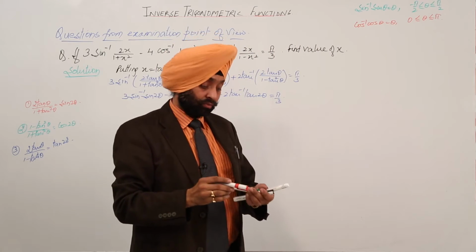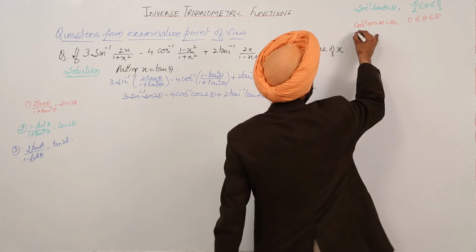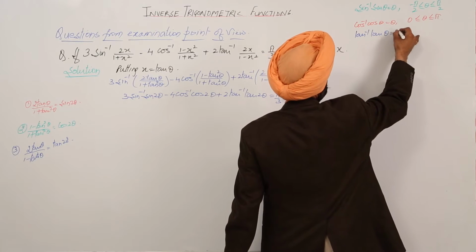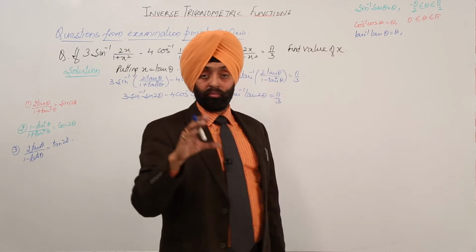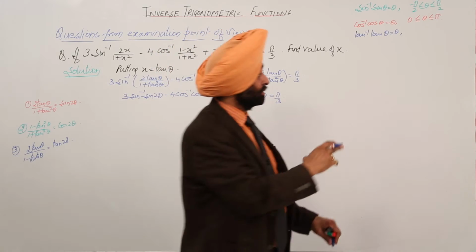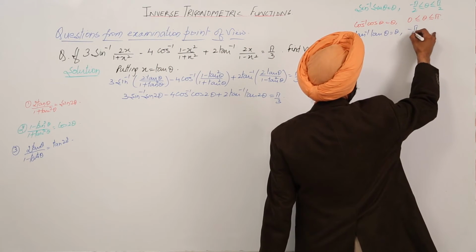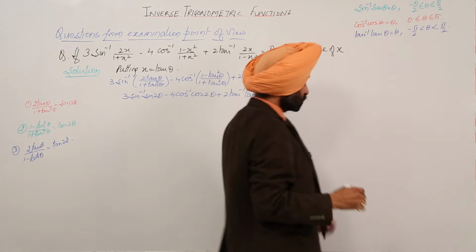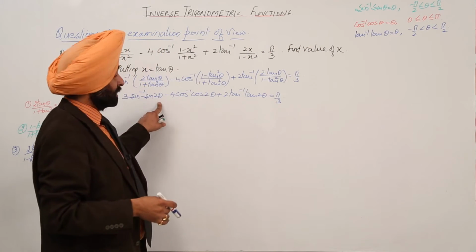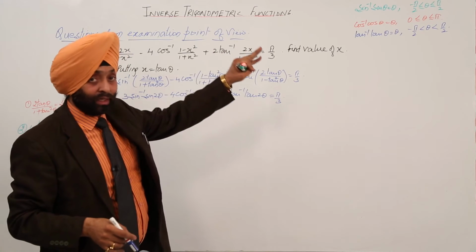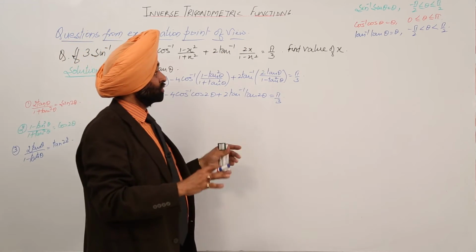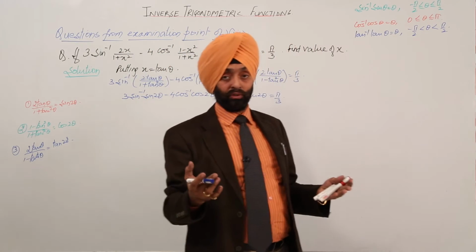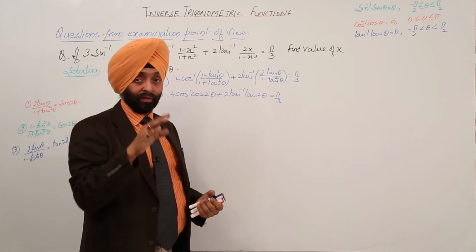Third one is with tan: tan inverse tan theta is equal to theta, for minus pi by 2 to pi by 2 with open intervals, so minus pi by 2 is less than theta is less than pi by 2. So our 2 theta should fall in each and every interval, then only can we solve the question and get the right answer. Otherwise we can just check it and go only for the marks, not for the clarity, for the basic things.